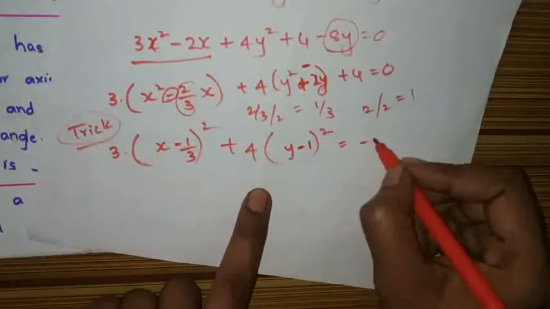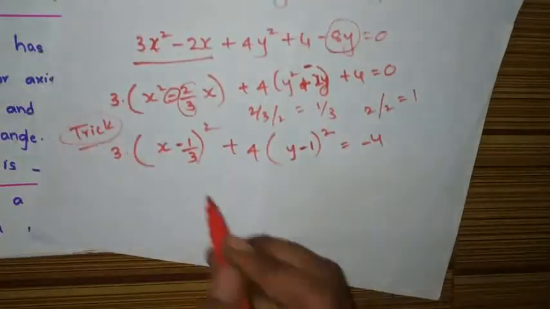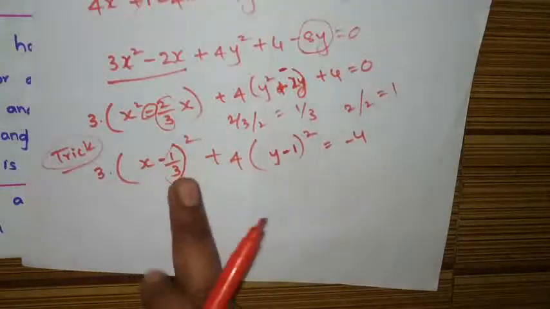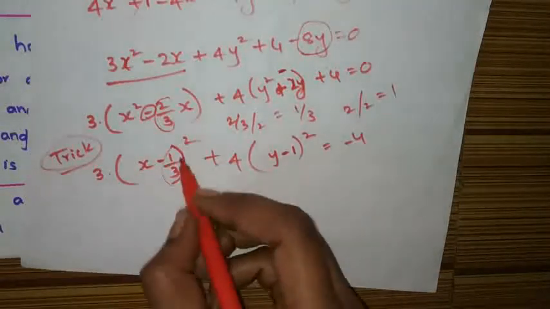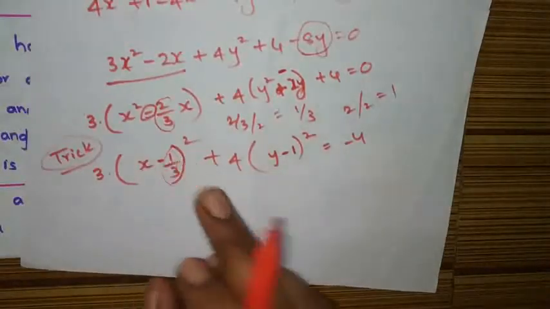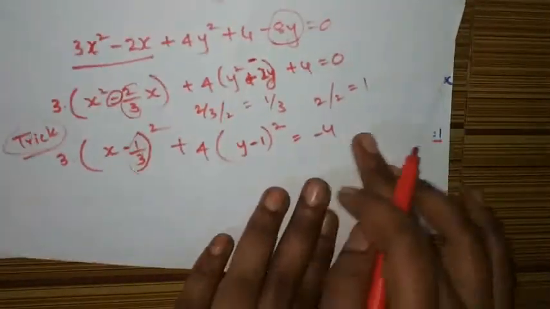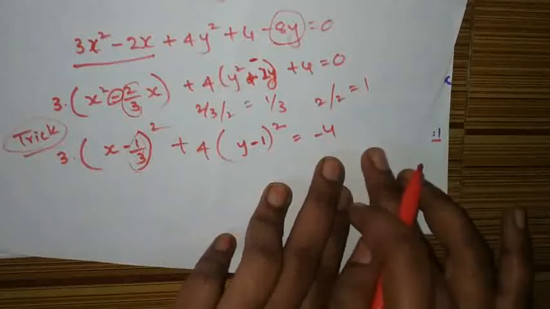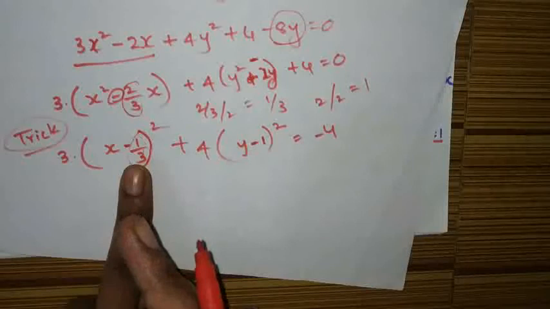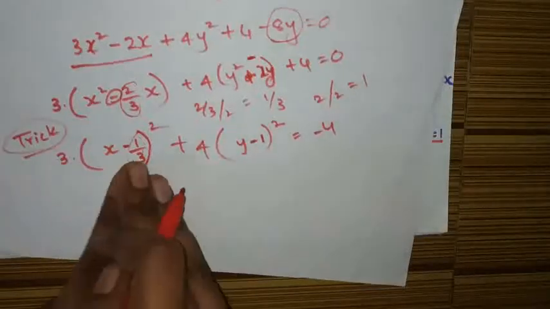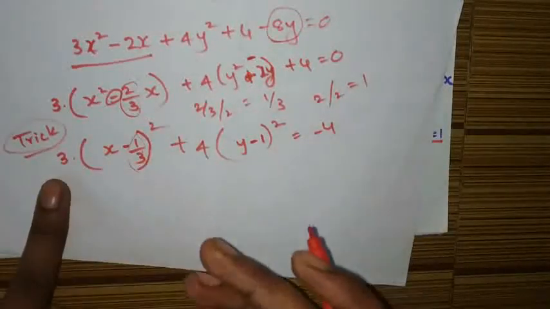Is equal to what here? 4, right? So put it here. And what is that here? 1 by 3, 1 by 3 into 3. See, this is the number, so try to square this. Here you have to write 1 by 3. Square this, it will become 1 by 9. 1 by 9 into 3 is 1 by 3.